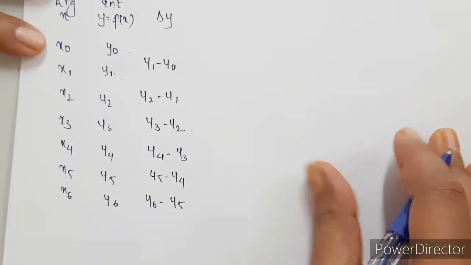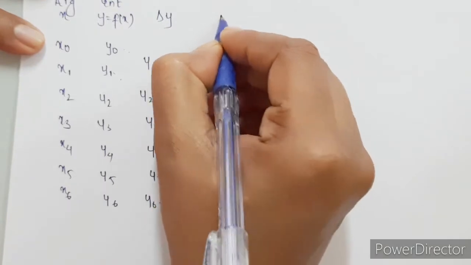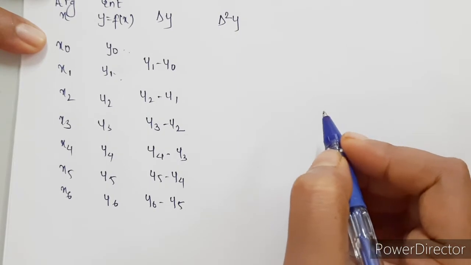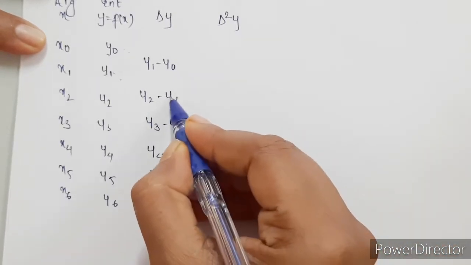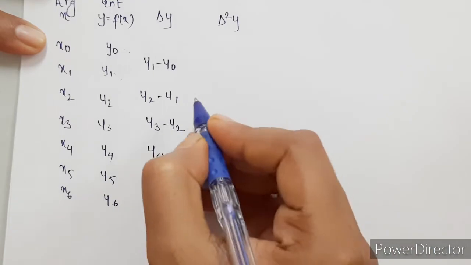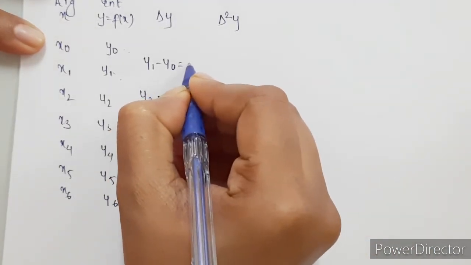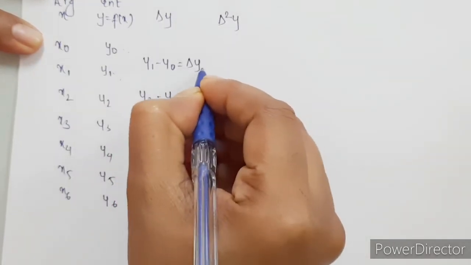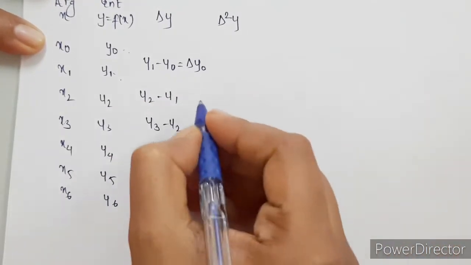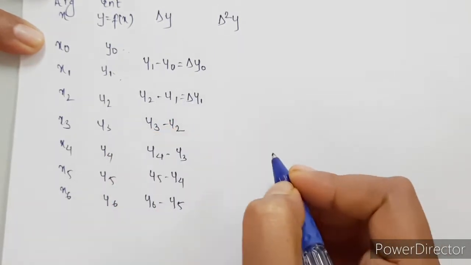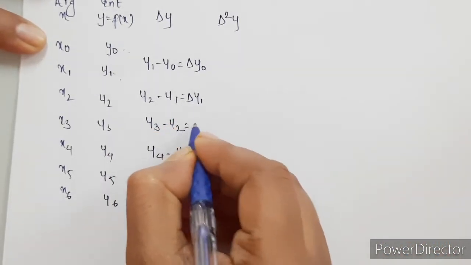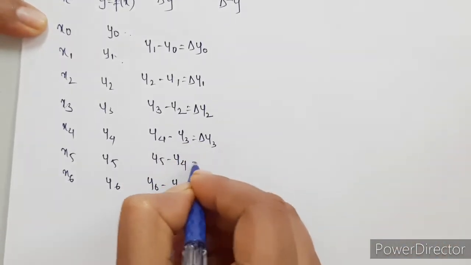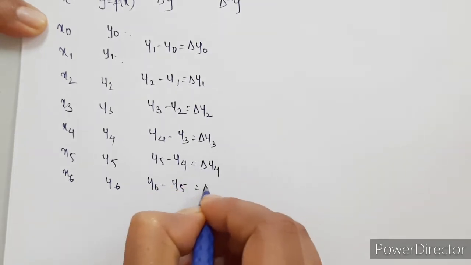Then second forward differences, that is differences of differences, which can be written as delta square of y, which will be difference between this and this point. Now this is nothing but first difference of y0, and this is delta of y1, this is delta of y2, delta of y3, delta y4 and delta y5.